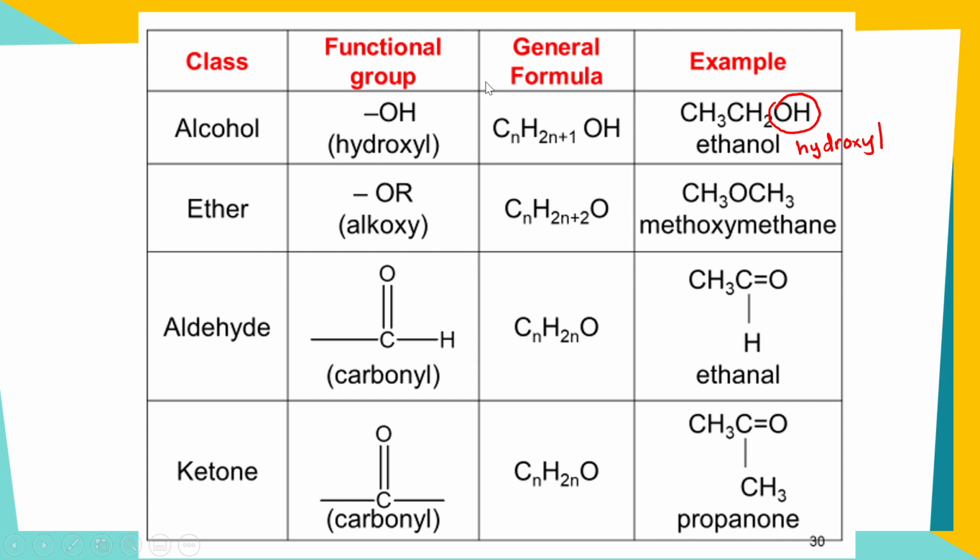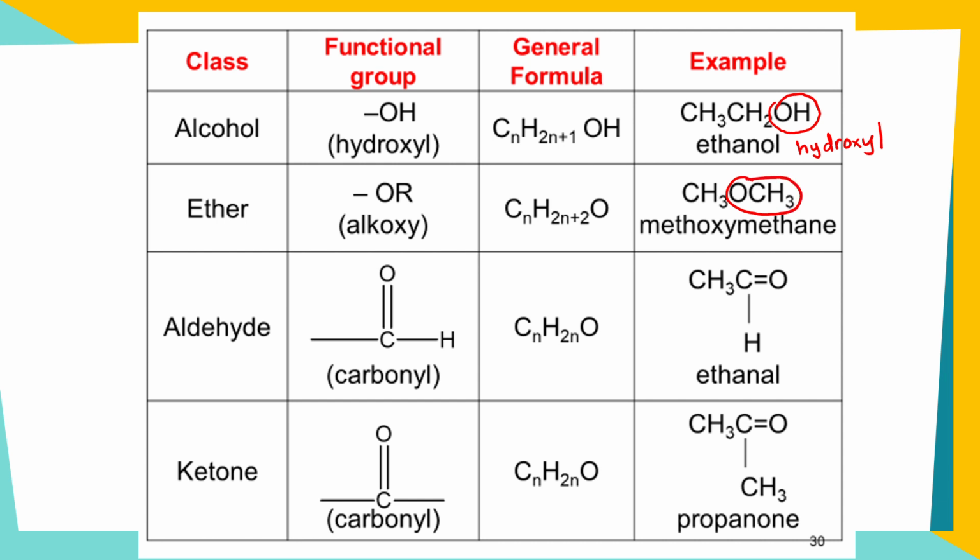Alright, the next one is ether. What is the difference between alcohol and ether? For alcohol, we have O and hydrogen, but for ether, O and R. R represents any carbon. In this case, this is the functional group.